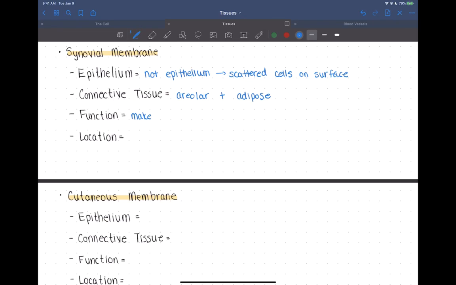And so synovial fluid is going to cushion and protect joint surfaces. All right, so they make synovial fluid. All right, and so that is going to lubricate joints. Okay, and so that's where they're found. All right, so they're found in joint cavities.